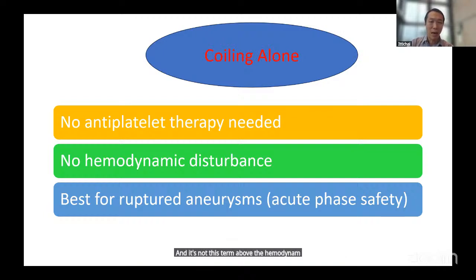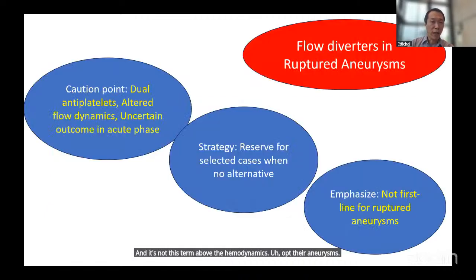And it does not disturb the hemodynamics of the aneurysm. And for flow diverters, it's a very good and challenging technique, but we need to prescribe dual antiplatelet therapy.